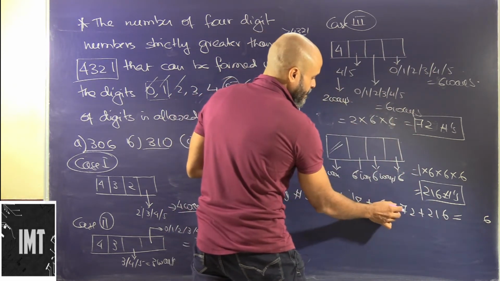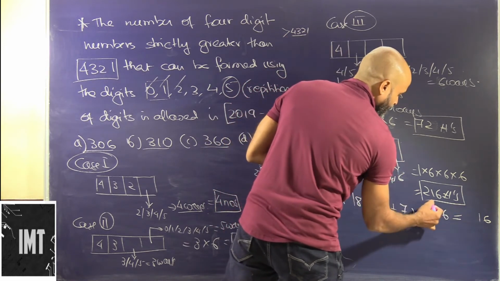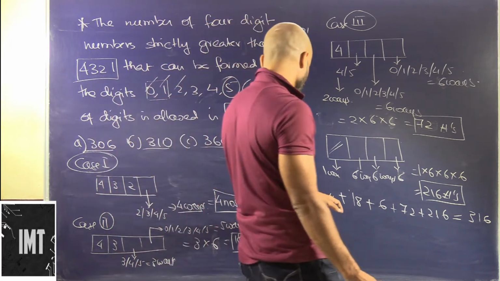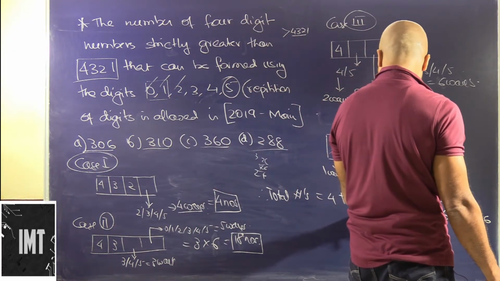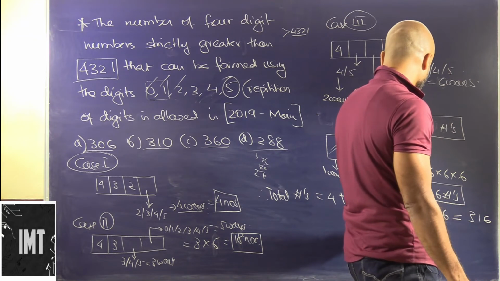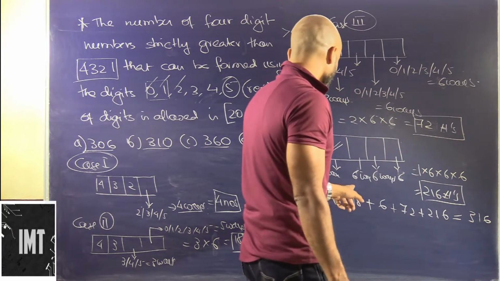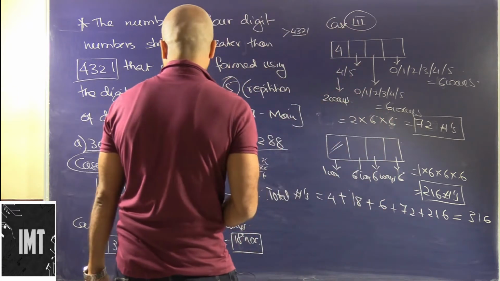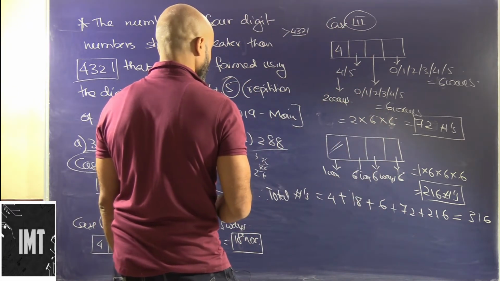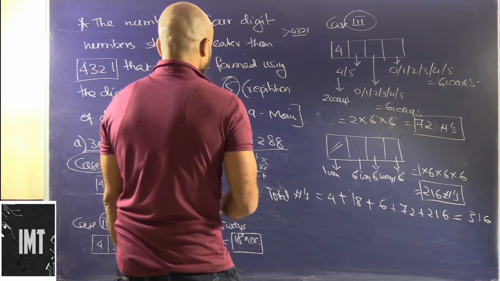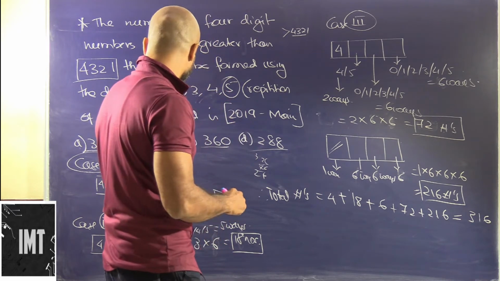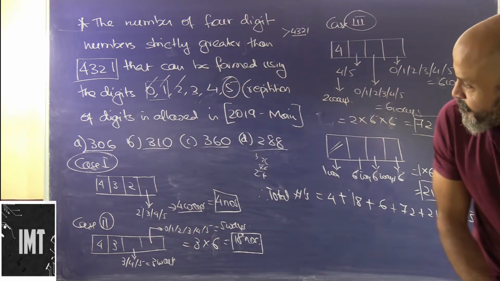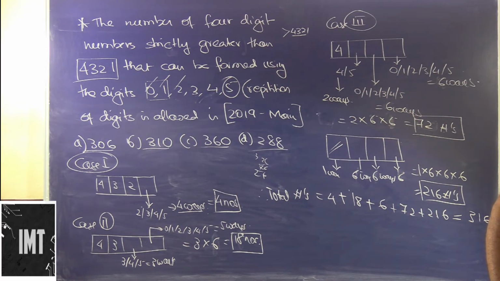No, no, no, I am going wrong somewhere. 4 plus 8, 12, 12 plus 6, 18, 26, 11. Why are we not getting this? Some problem here. Let me just check. Are the options correct?